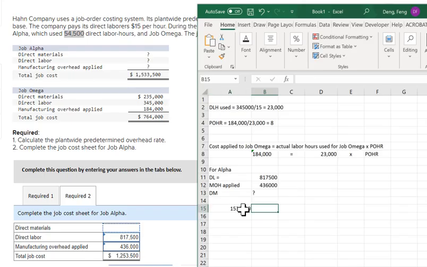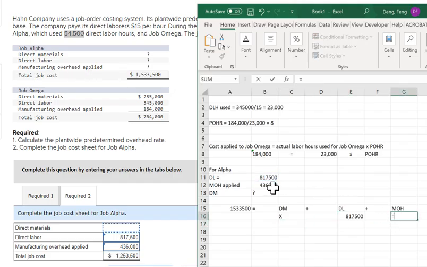And that equals direct material cost plus direct labor cost plus the manufacturing overhead cost. We don't know this, so that's your question mark, that's your X. And you do know this one, and you also know this one.